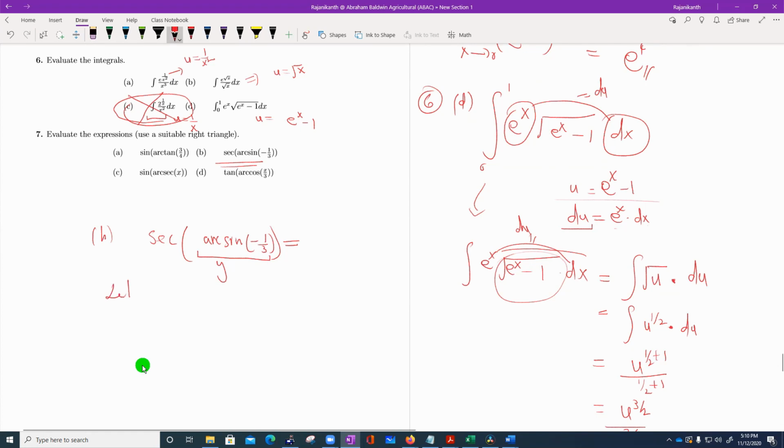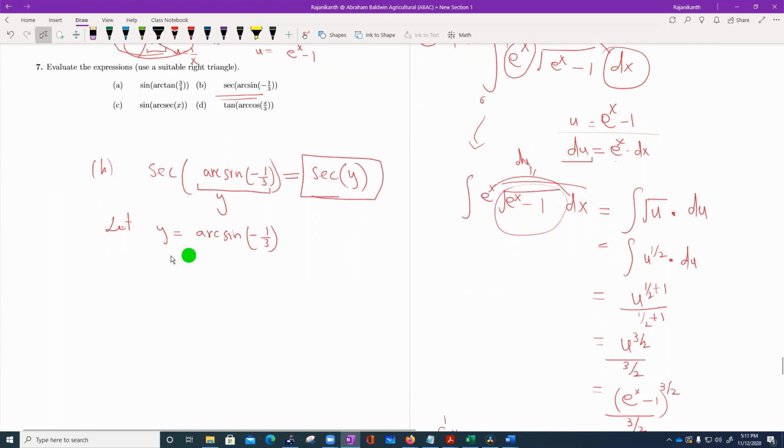So let y be arc sine of negative 1/3. If this is my y, that means your actual problem is finding secant of y. So your task is to find secant y.